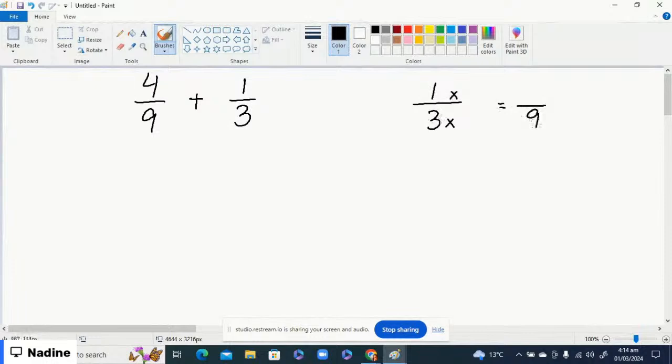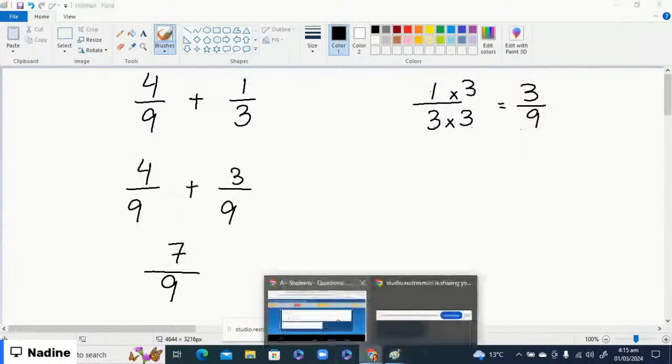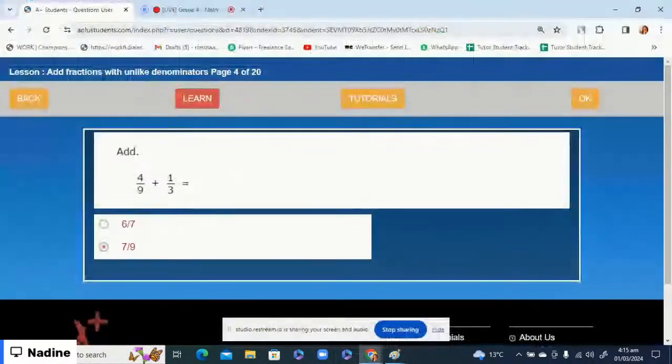Multiply 3 with which number? That would be 3, because 3 times 3 is 9. And here is 3. 3 times 1 is 3. Let's put 4 by 9 plus 3 by 9. Okay. Only put one 9 here and just add. Good. That is 7. 4 plus 3 is 7. So let's check the answer, which is 7 over 9.